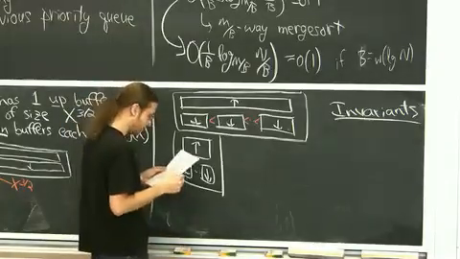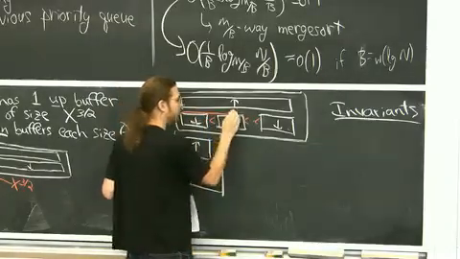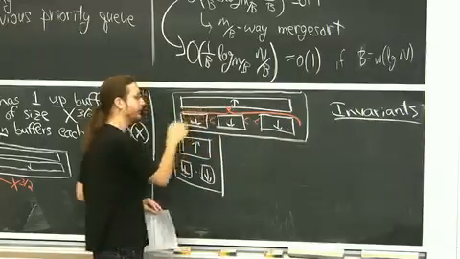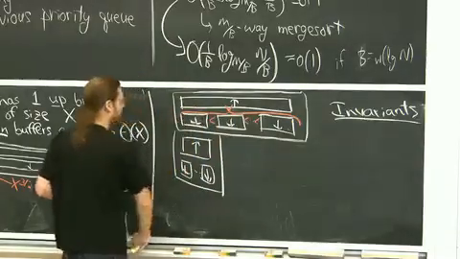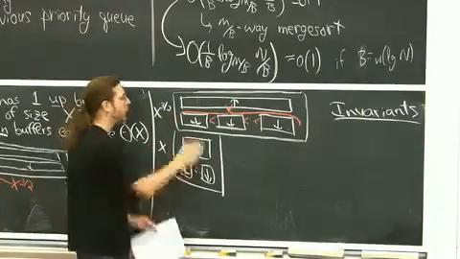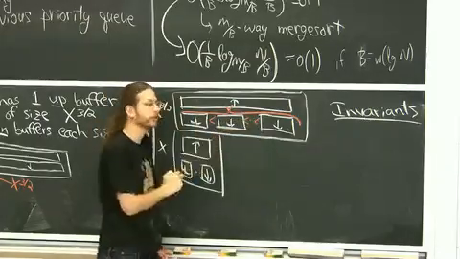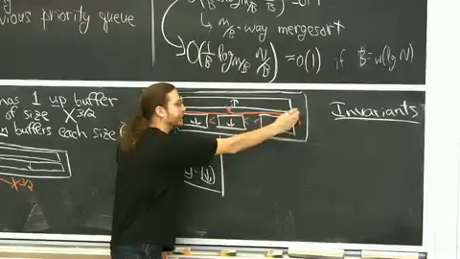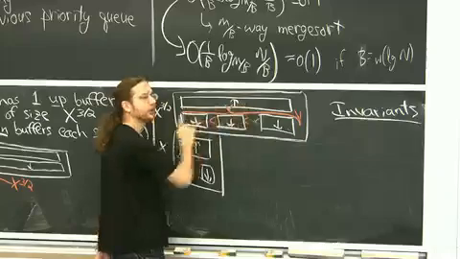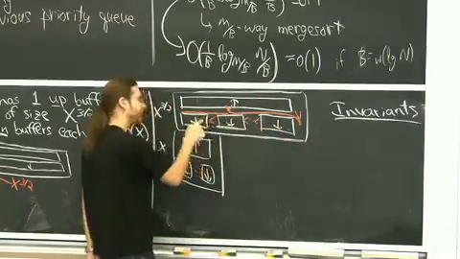Then we also know this: all the items in the up buffer in a given level, this is x to the 3/2, let's say, this is x, all the up items are larger than all of the down items. That's just an inequality here. So these guys are basically in a chain. Again, the items in here are not sorted, but all the items here are bigger than all the items here, bigger than all the items here, bigger than all the items here.